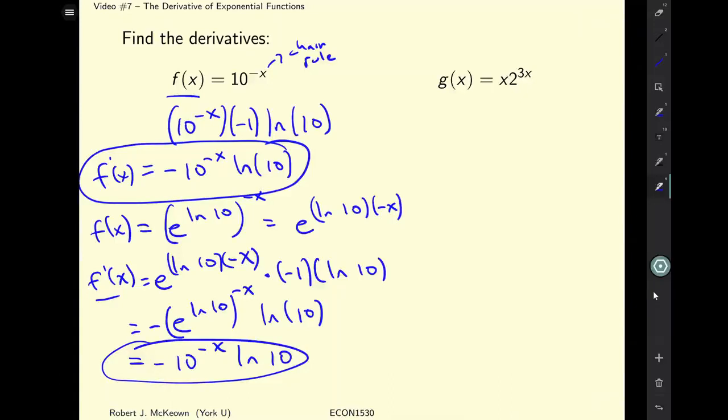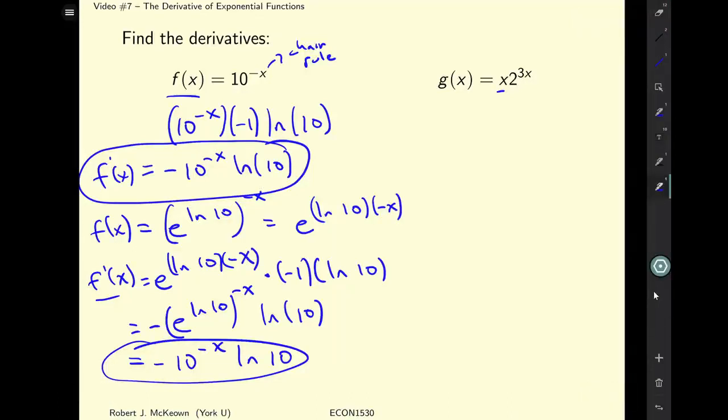Now let's take a look at the next one that we have. No natural exponent here, and it looks like we've got to apply the product rule. So there's one product, and there's the other product. So I'm going to take the derivative of the first one.